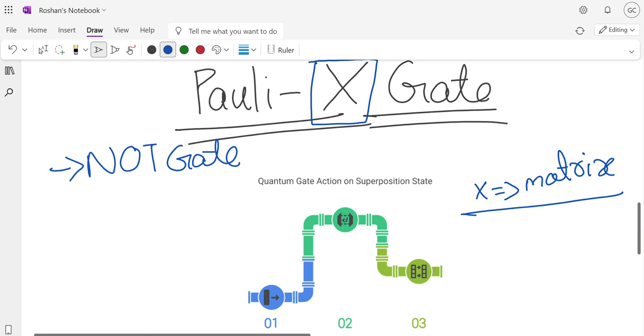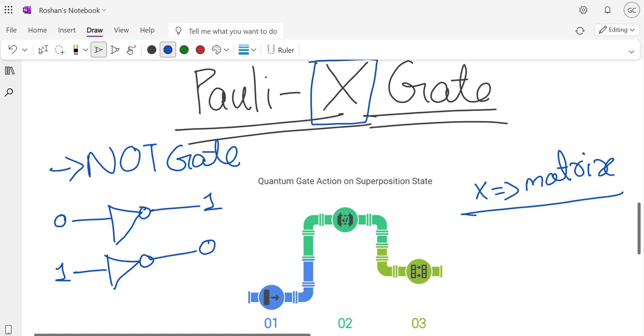So, what happens in a NOT gate? If you pass an input signal through a NOT gate, it flips the value. So if you pass an input 0, it will result in 1. If you pass the input 1, it will result in 0.